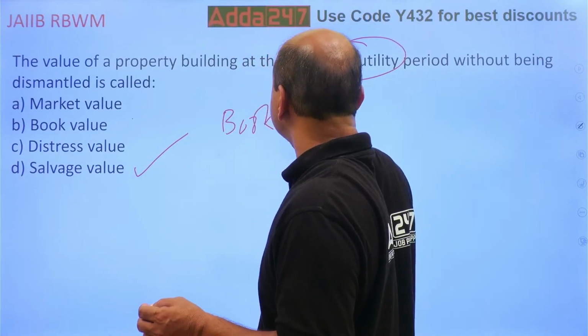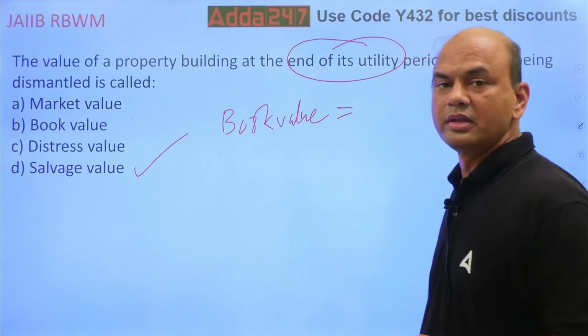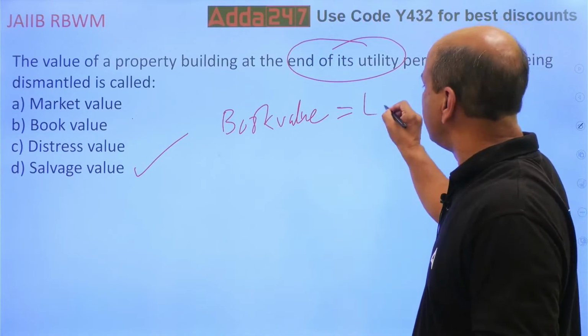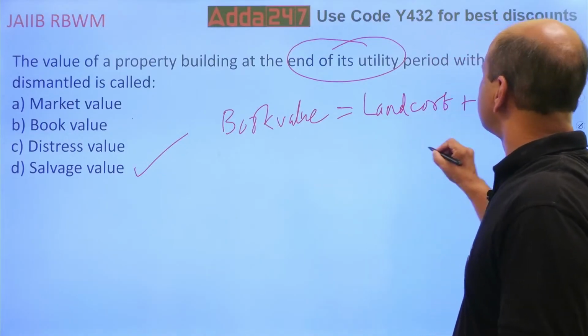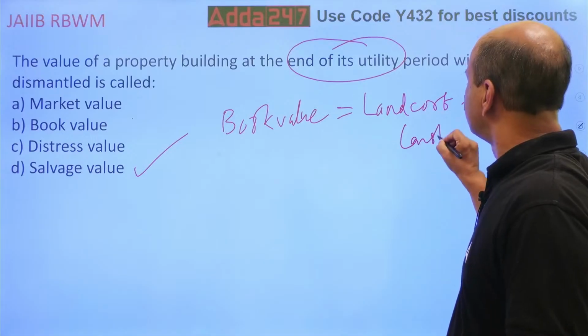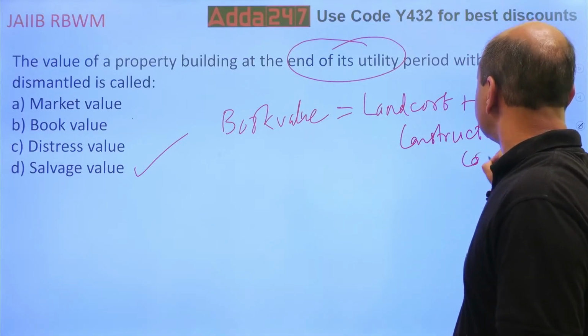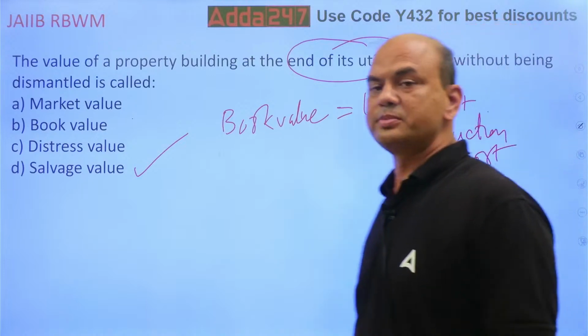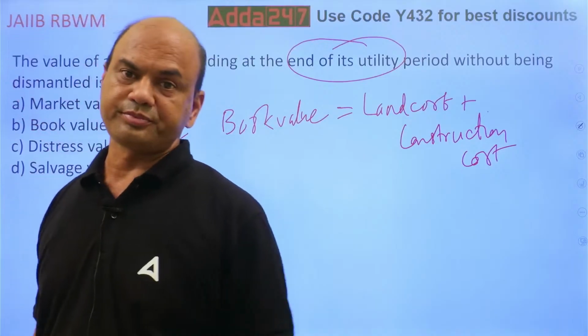If I consider the book value in property, what does it consist of? Book value means, say this, land cost, kindly note, plus construction cost. So land cost plus construction cost is known as the book value.